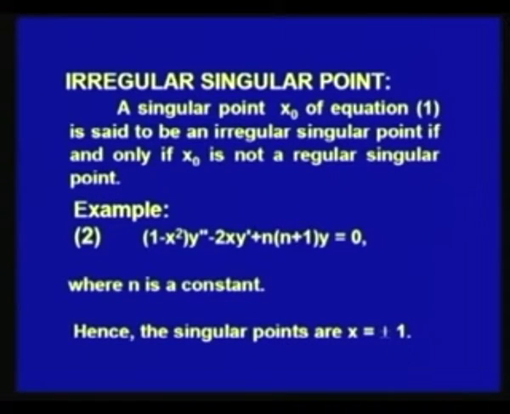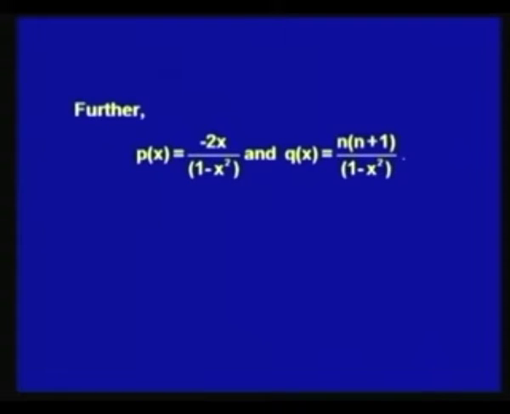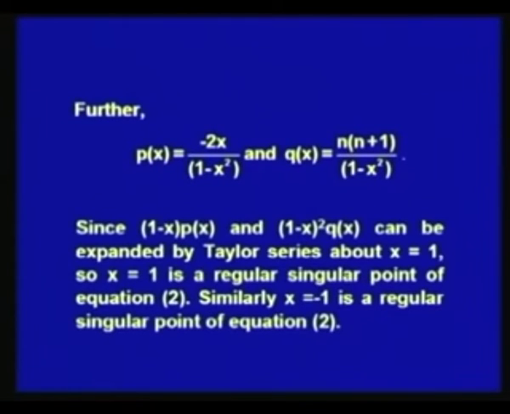For example, let us consider the differential equation (1 minus x square) y double dash minus 2x y dash plus n(n plus 1) y equal to 0, where n is a constant. Here the singular points are x equal to plus minus 1. Further, p(x) is equal to minus 2x over 1 minus x square and q(x) is n(n plus 1) over 1 minus x square.